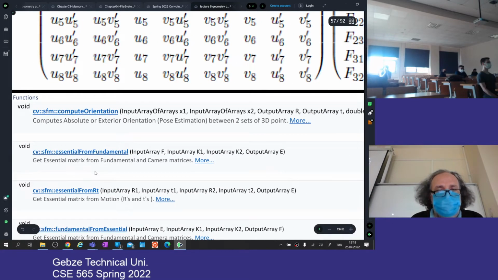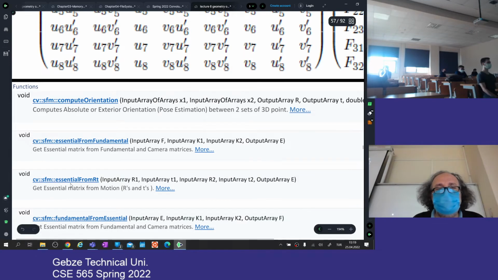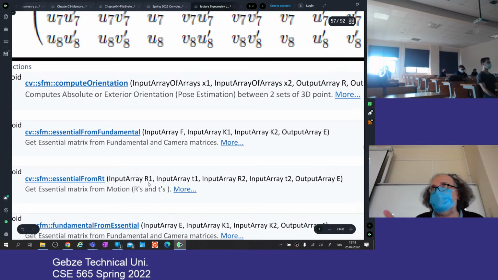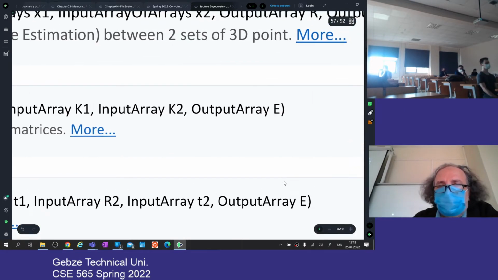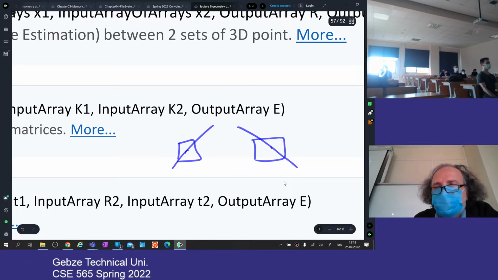Calculate the essential matrix from R and T. Remember the R and T, T cross product R. You can calculate the essential matrix if somebody gives me the R value, the rotation between the two cameras, and the T value between the two. Better yet, I have two cameras. Camera number one is looking at the scene, and camera number two is looking at the scene from another angle.